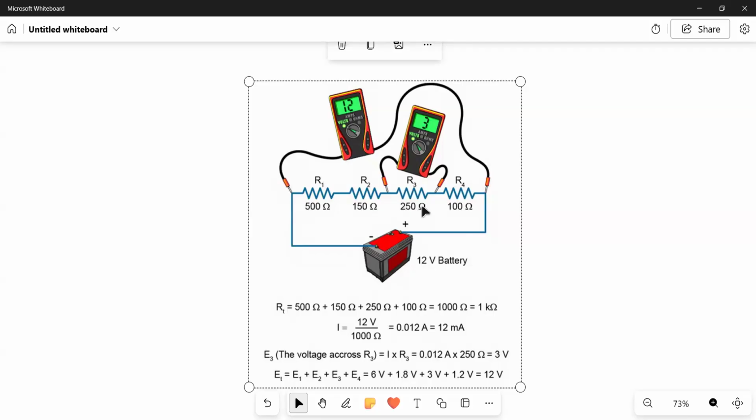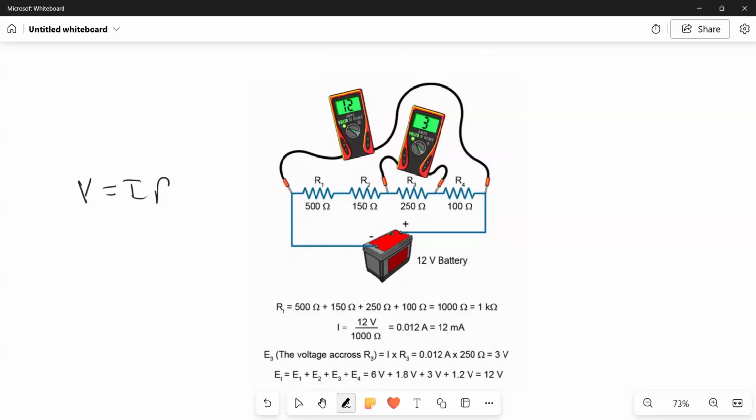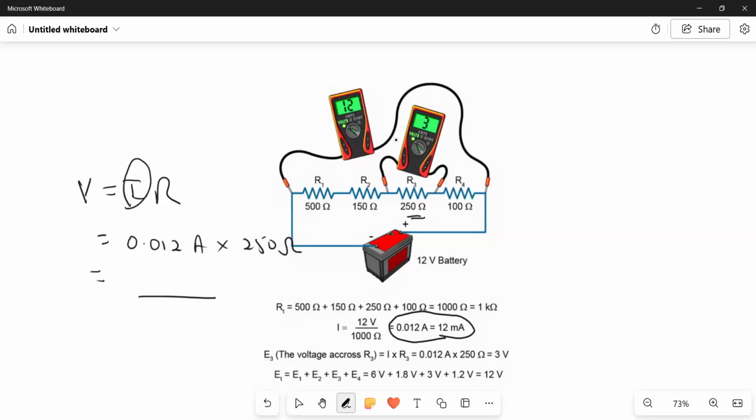However, if you want to calculate the voltage across any resistor, it will be V equals IR. Once you found I, and that's what we found here, the voltage across this one is going to be V equals 0.012 ampere multiplied by 250 ohms, and it should give you that 3 volts that they have there.